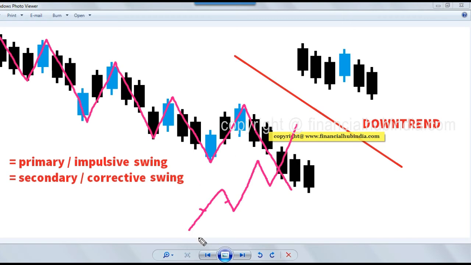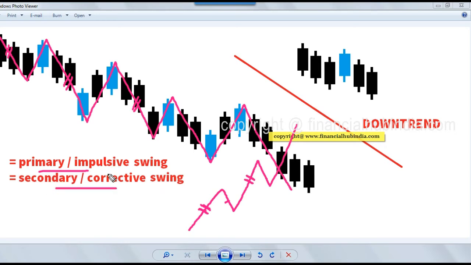In the case of an uptrend, the up move was the primary swing because it is the larger one. Here, which one is the larger? This downfall is the larger one. This downswing is a larger swing than the upswing. Again, a larger swing, right? So our primary trend, or impulse swing, here is the downswing, and the upswing is the secondary or corrective swing.